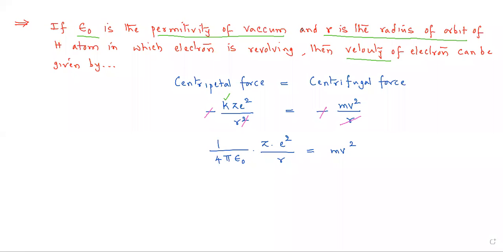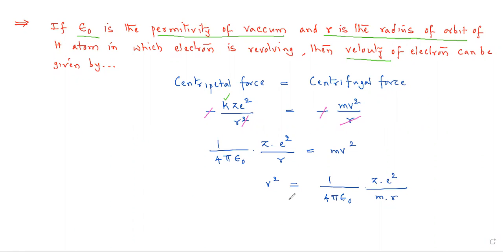Right. So now let us write the expression for v square, because finally they are asking you to write the velocity of electron. So v square can be given as 1 by 4 pi epsilon naught into Z into e square by m into R.